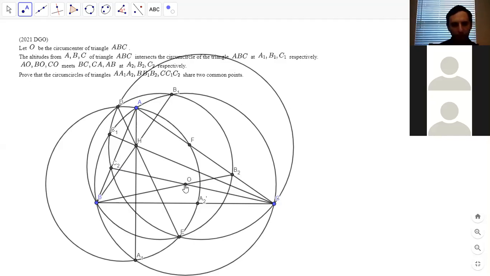Get how this worked. Not AOC, right? Does AB times AO equal AH times AC? I don't think so. I don't think that's true.